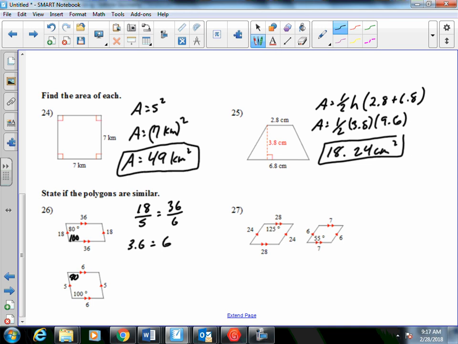So 3.6 and 6 don't really match up. So since those ratios are not the same, they are not similar.